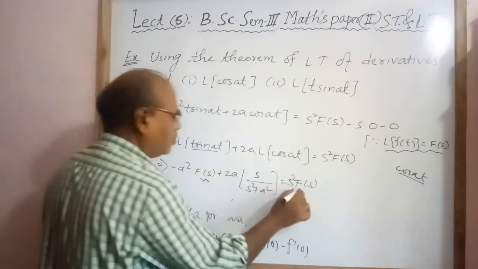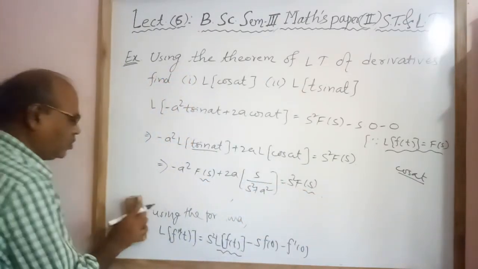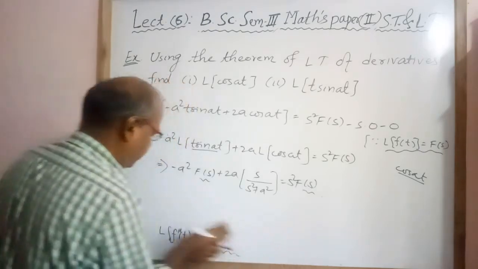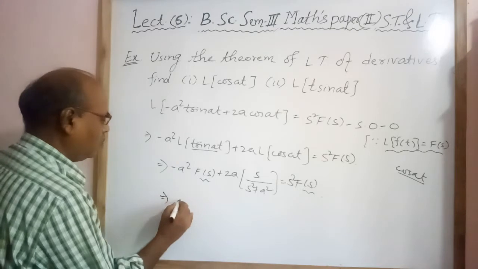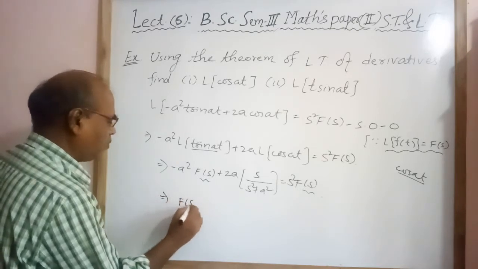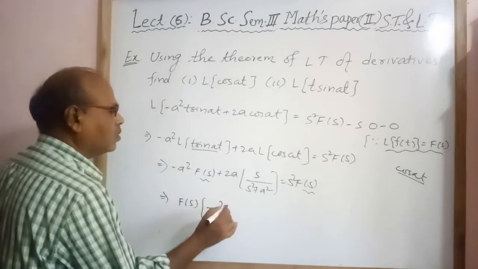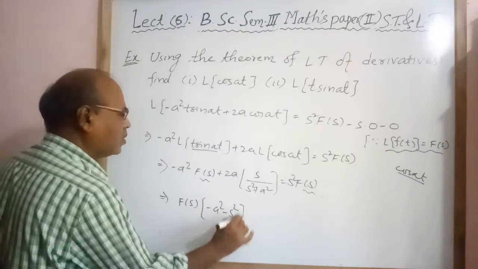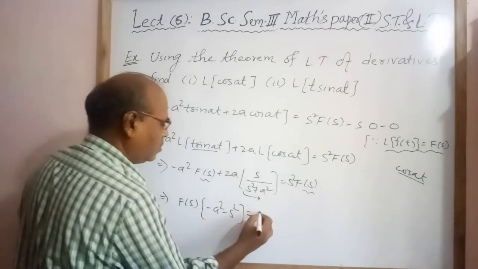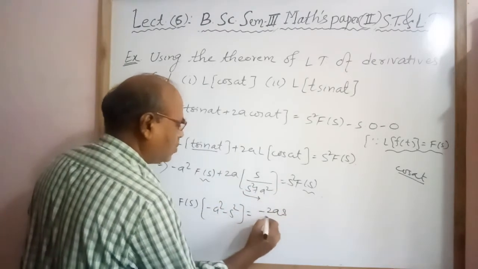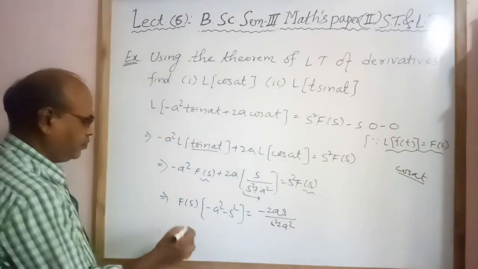Now we can take f of s common from the two terms. Therefore f of s common, we get minus a square minus s square. Now take this term on the right hand side, minus twice as divided by s square plus a square.